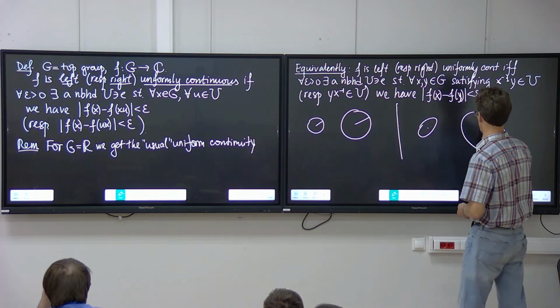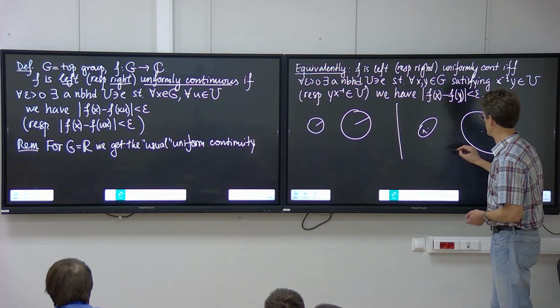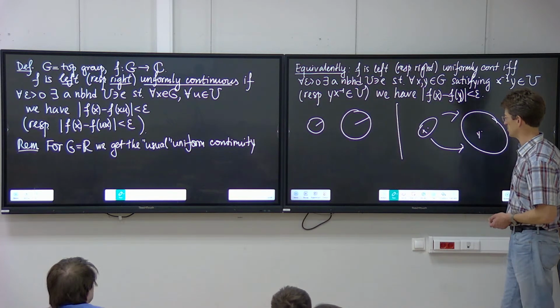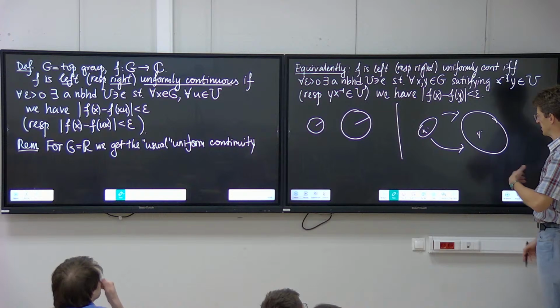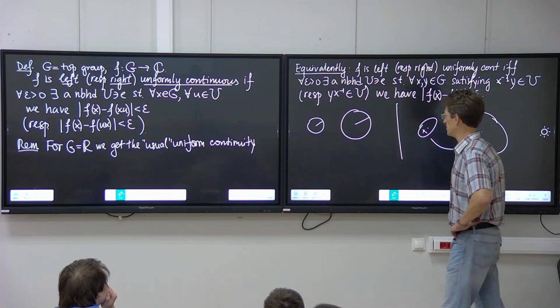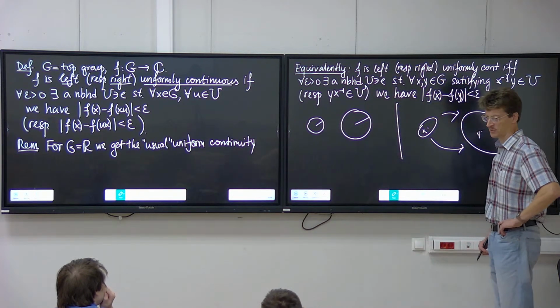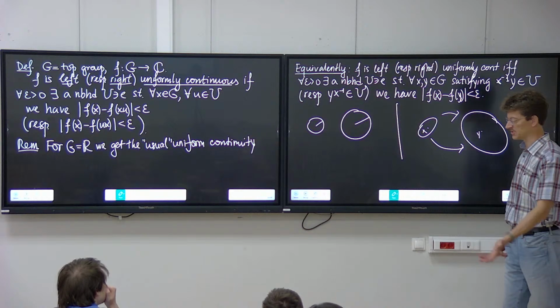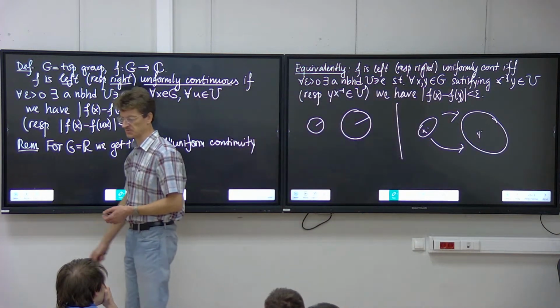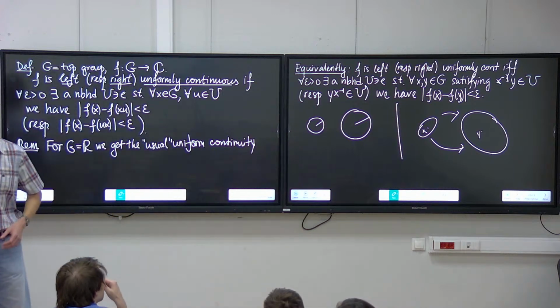To compare neighborhoods of different points, say x and y, we can use either left translations or right translations. So we can multiply by either y x inverse on the left or x inverse y on the right. As a result, a topological group has two natural uniform structures, the left uniform structure and the right uniform structure. And this leads to two kinds of uniform continuity, given in this definition.